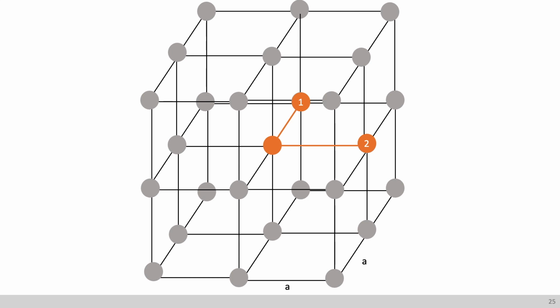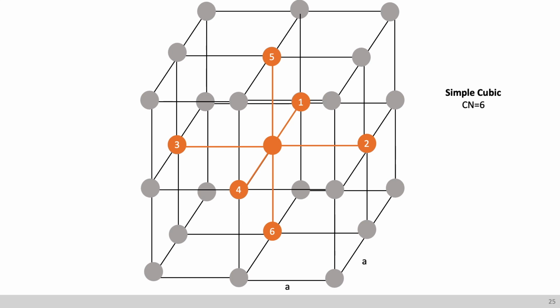Another one is here, which is also a distance of A away. Third, fourth, fifth, and sixth. And so we can see here that all the orange atoms that are numbered are our closest neighboring atoms to this center atom. And therefore from this we know that the coordination number for simple cubic is 6.